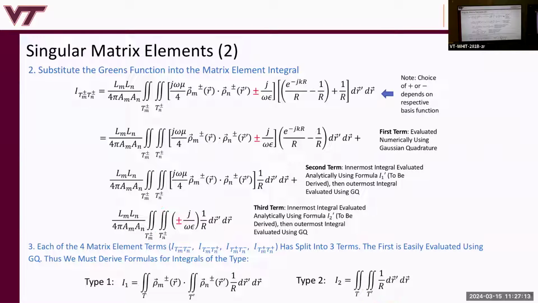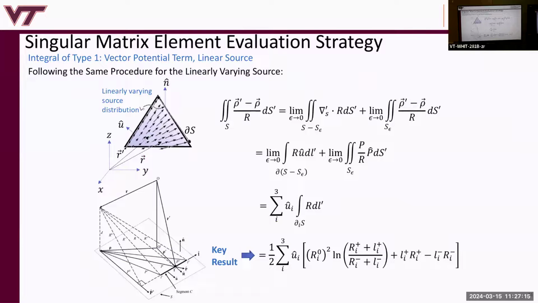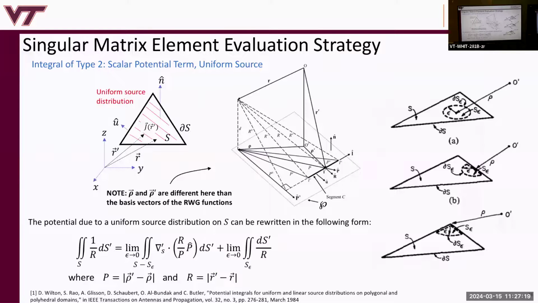All right, so 1 over R dS, we can write that as the limit as epsilon goes to 0 of S minus S epsilon. What do we have to do there? In order to apply the surface divergence theorem, the function has to be continuous within the domain.